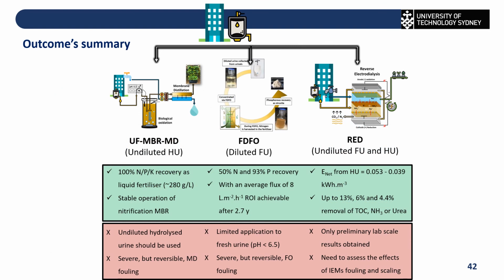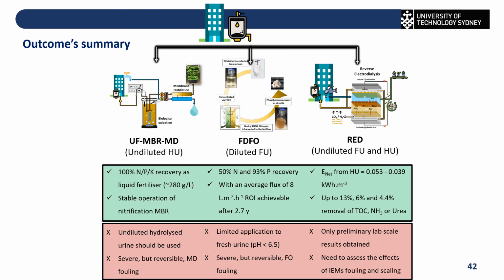So based on these three research approaches to produce fertilizer, water, and energy, I can conclude that different technologies have different merits. The first one is MBR and membrane distillation. We achieved 100% nitrogen, phosphorus, and potassium recovery as a liquid fertilizer, up to almost 280 grams per liter, and stable nitrification operation of the MBR.